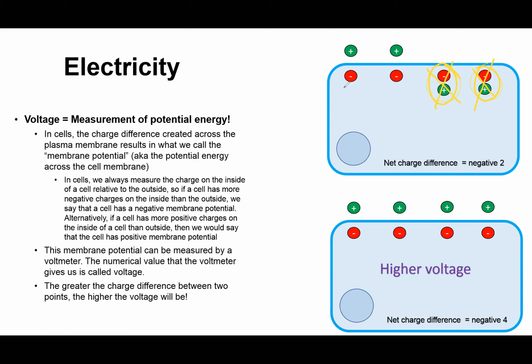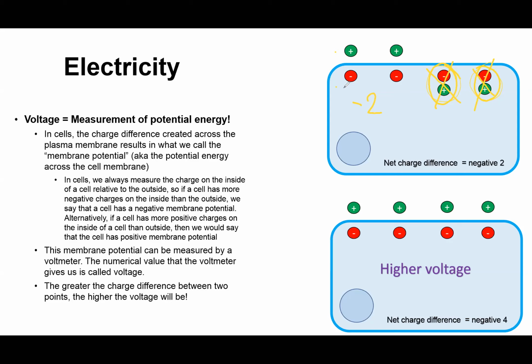And so in this case, if we place an electrode here and here, then we would see that the net charge inside is -2, okay?